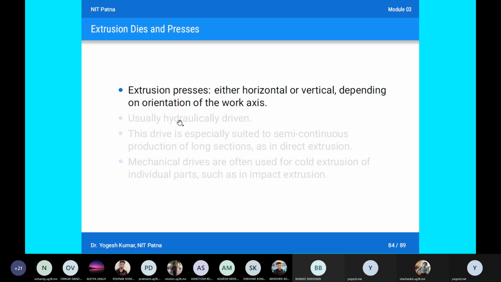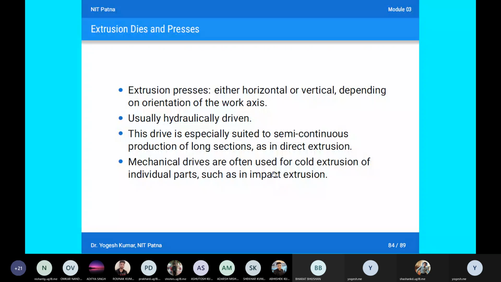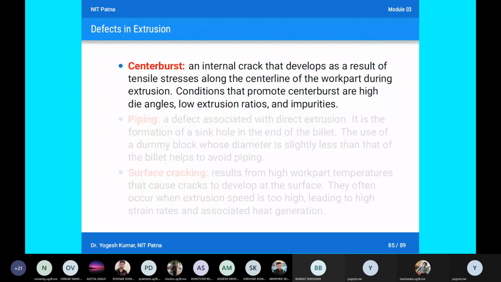They are used for semi-continuous production of long sections, or you can say indirect extrusion. Sometimes these may be driven by mechanical drives in the case of extrusion of individual parts, such as impact extrusion. Under impact extrusion, the energy is applied by the mechanical drive rather than hydraulic drives. So this was all about your extrusion processes.